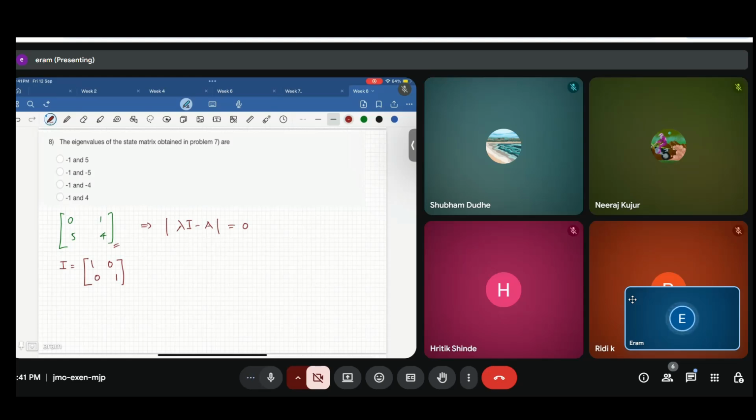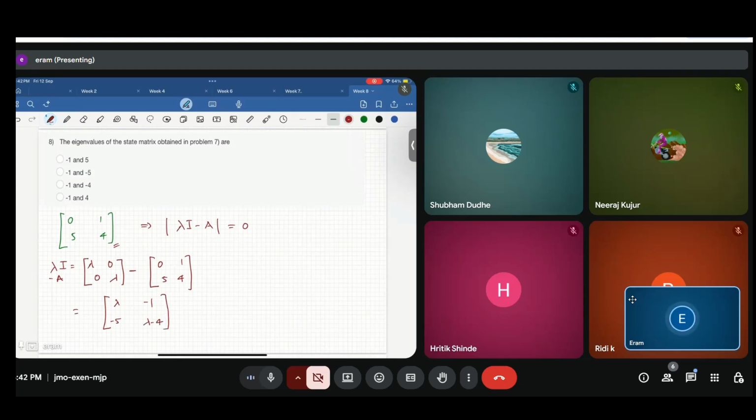You multiply this with lambda and subtract your matrix, which is 0 1 5 4. So you get lambda, minus 1, minus 5, and lambda minus 4.